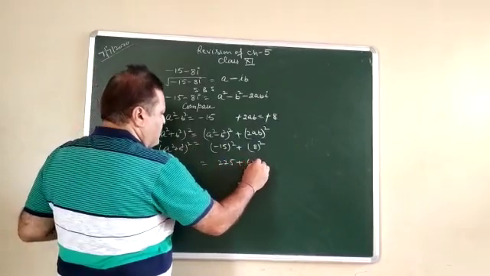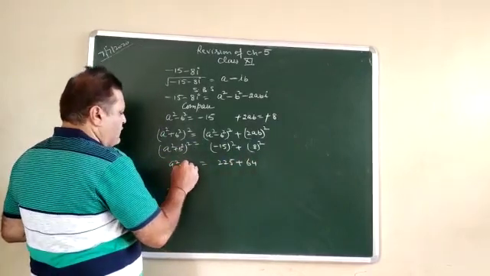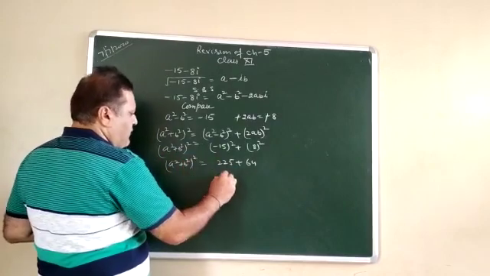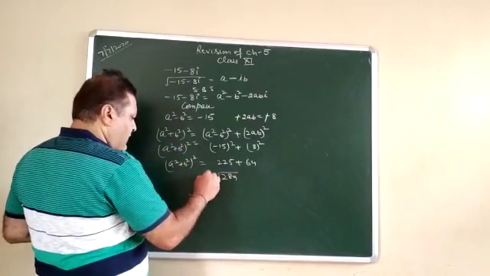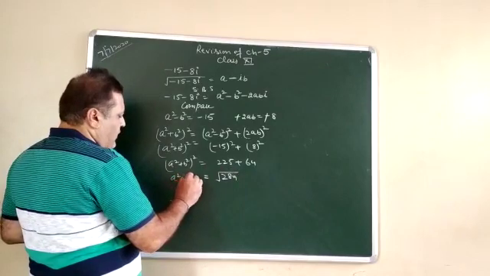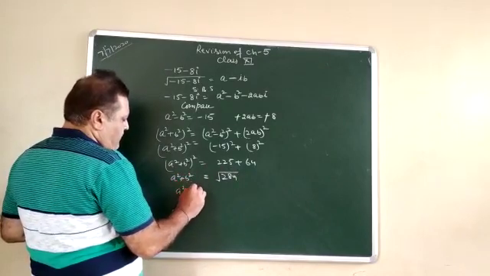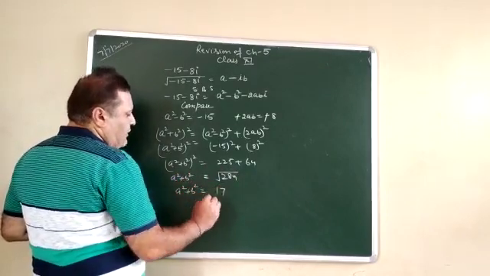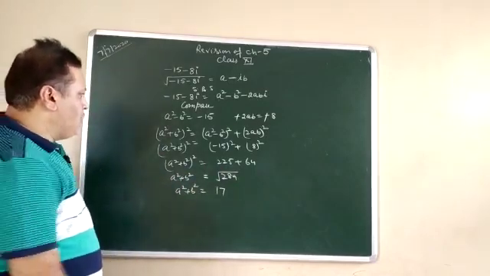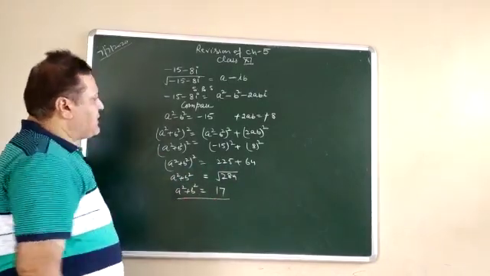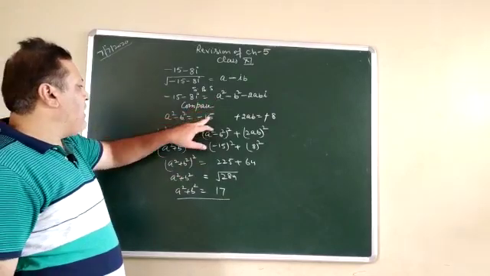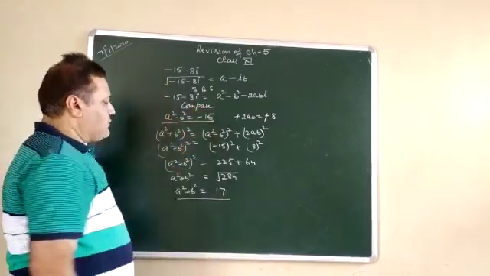225 + 64 is equal to (a² + b²)². 289 and its square root is equal to a² + b². So a² + b² is equal to 17. One equation you have: a² + b² is equal to 17. Second equation: a² - b² is equal to -15.